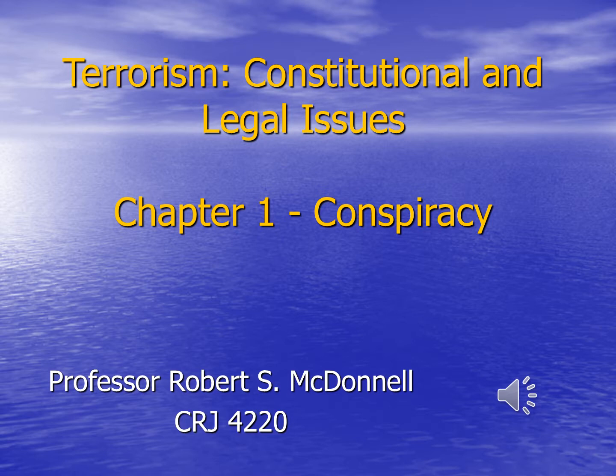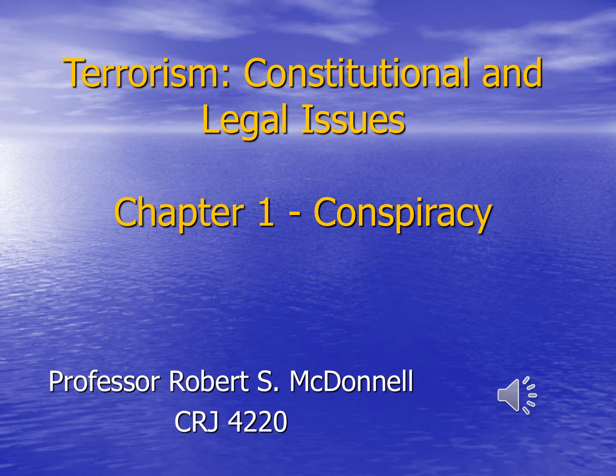The other type of conspiracy that they talk about in the textbook is a chain conspiracy. So it's pretty easy to draw links in a chain. Just take a piece of paper and draw a straight line down, and you can draw the individual links separating each other.